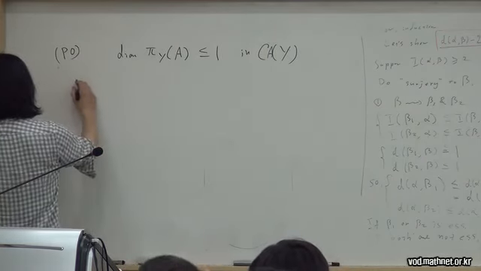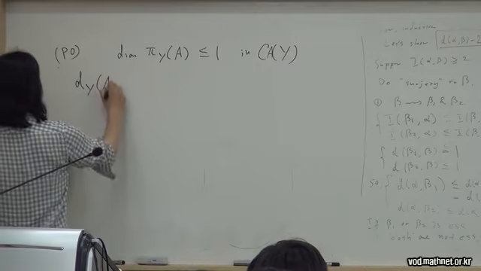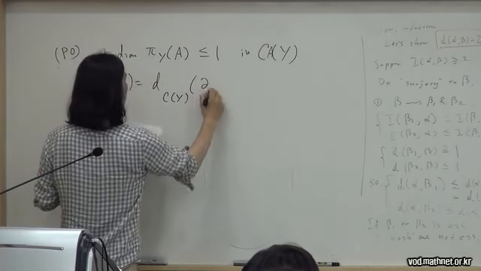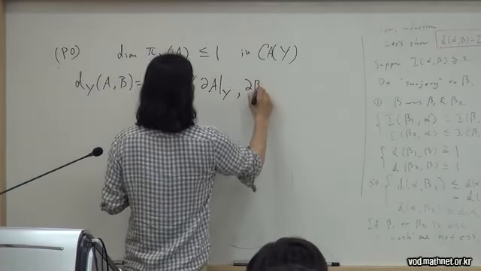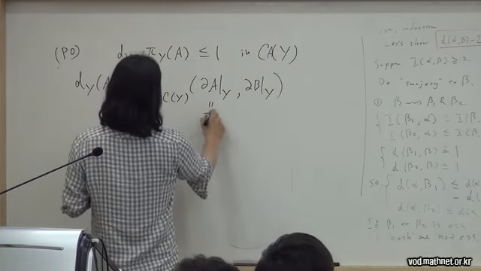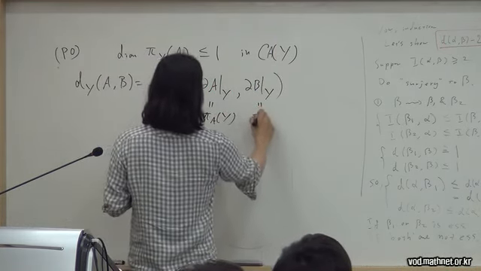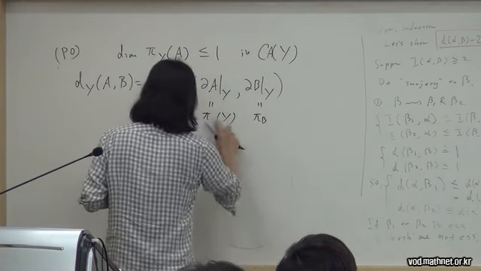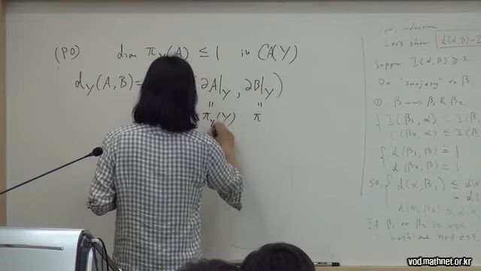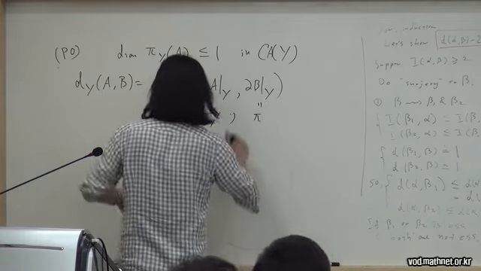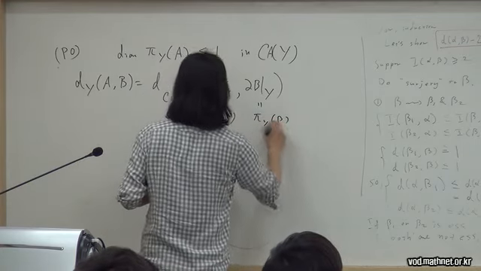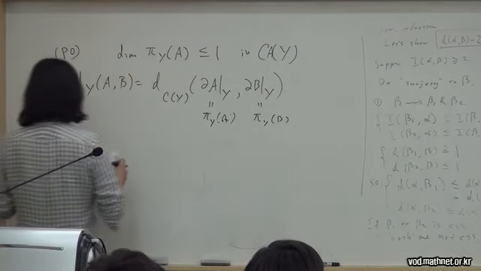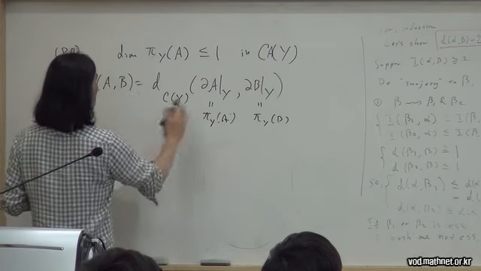P1. So now I define the distance between A and B as the distance in the curve complex of the boundary of y, namely between pi y of a and pi y of b, as before in the previous setting. Right.